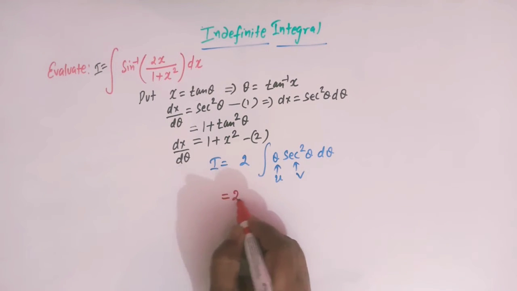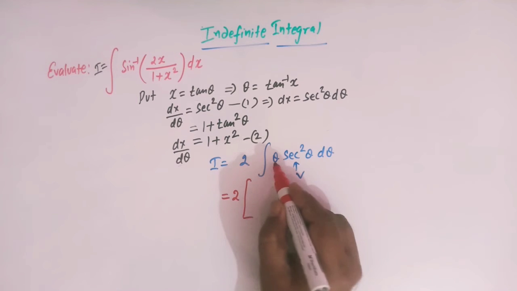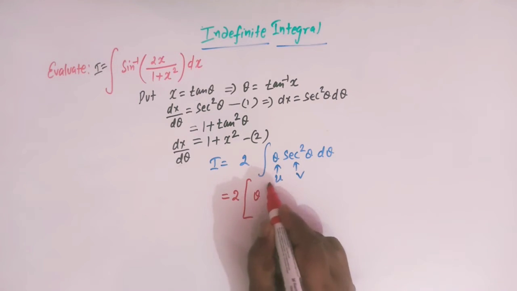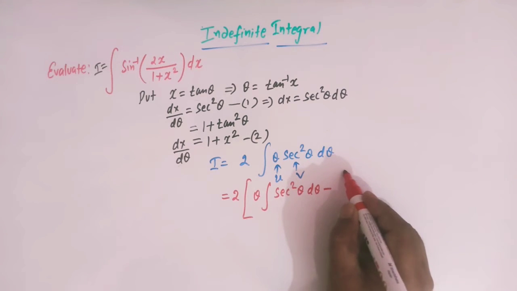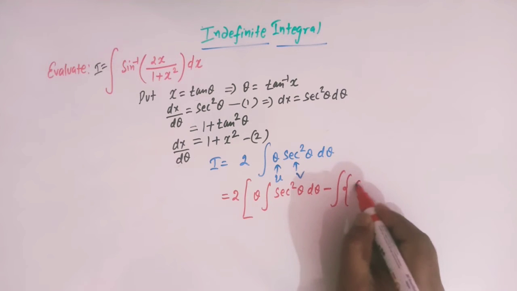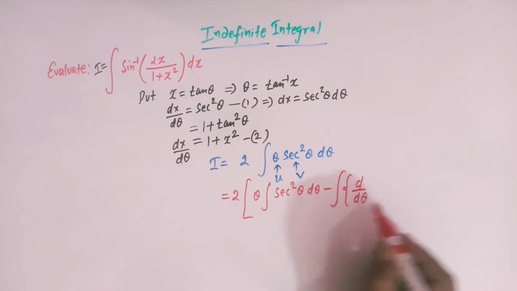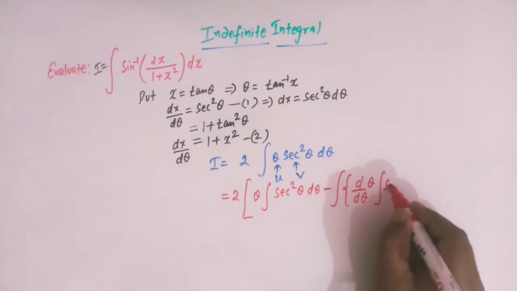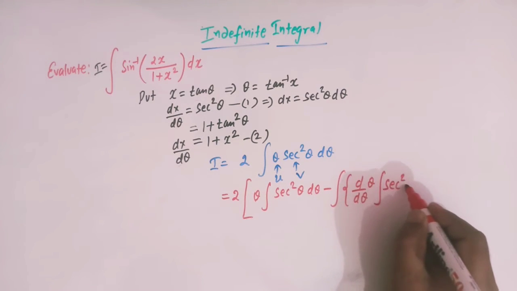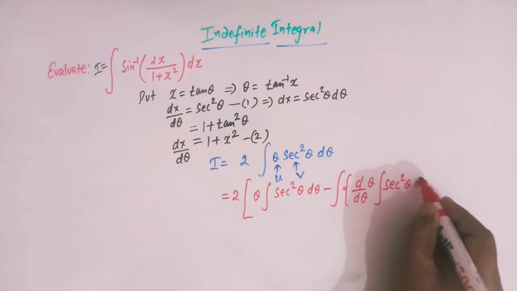So we have 2 here, and the first function theta, times the integral of sec square theta d theta, minus the integral of the derivative of theta times the integral of secant square theta, d theta.